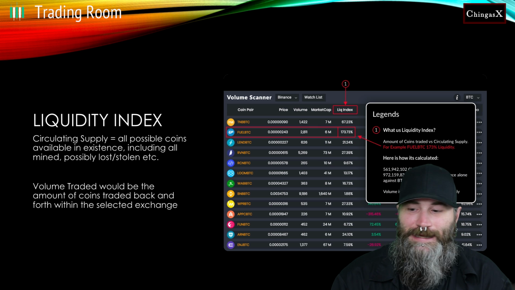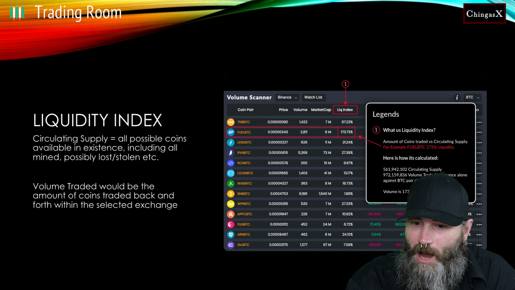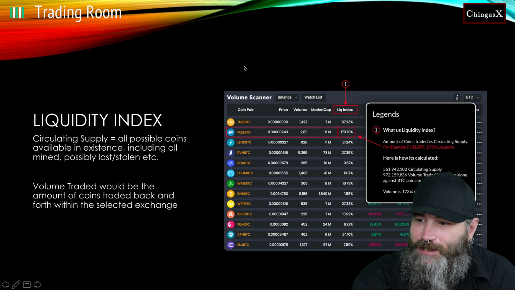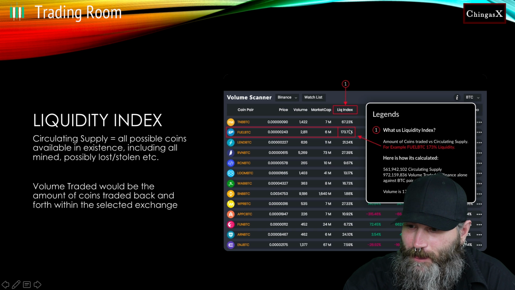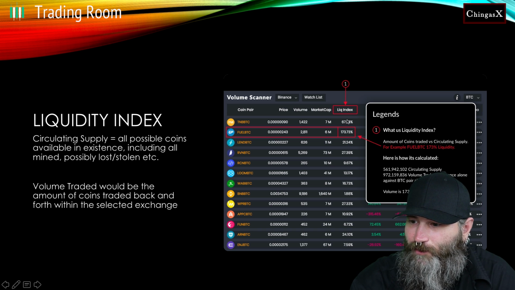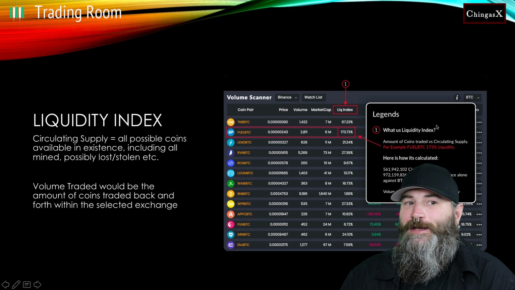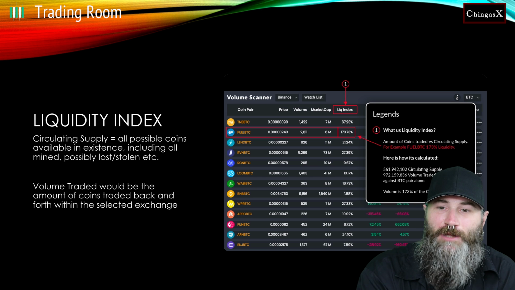So the liquidity index on the volume scanner itself, you'll see liquidity index over here. It'd be the fourth column over, and it's going to have a percent number adjusted for it. So what is it? It's the amount of coins traded versus the circulation supply.